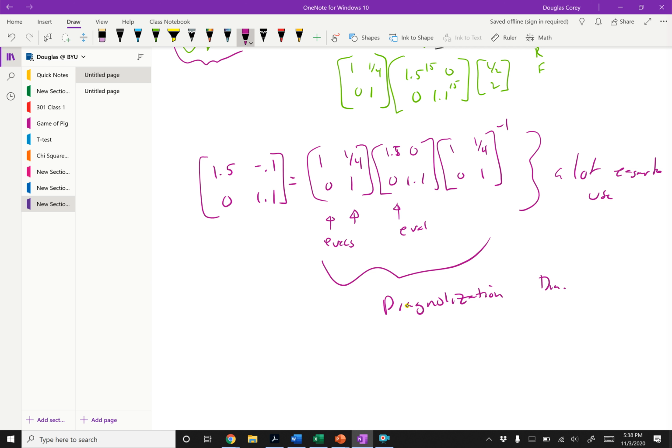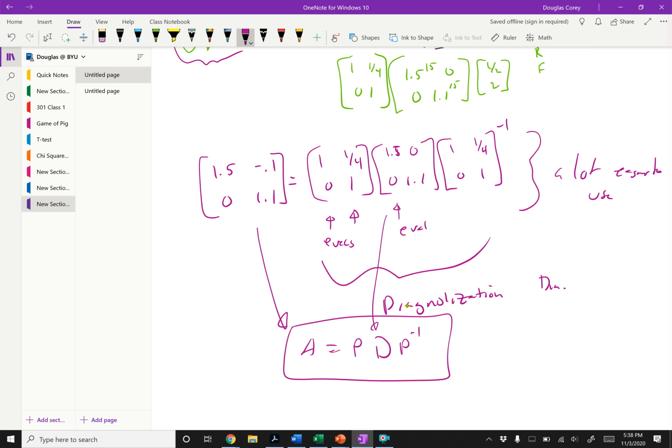They call the diagonalized matrix D, and they put P and P inverse on the sides, and this is A. So that's A. This is our diagonal matrix D. And then we have this matrix P that multiplies with the inverse on one side and the non-inverse on the other side. This is a really important structure.